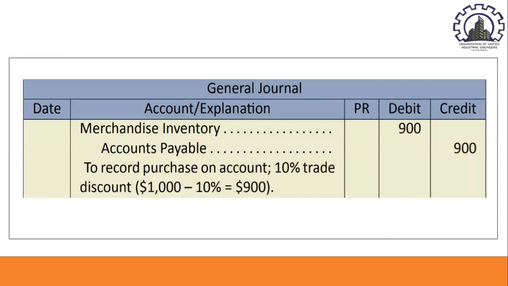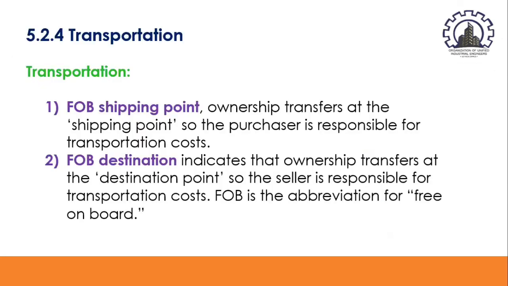So note that the net amount, or list price less trade discount, is being recorded. And under transportation, costs to transport goods from the supplier to the seller must also be considered when recording the cost of merchandise inventory. Now, this being said, the shipping terms on the invoice identify the point at which ownership of the inventory transfers from the supplier to the purchaser.